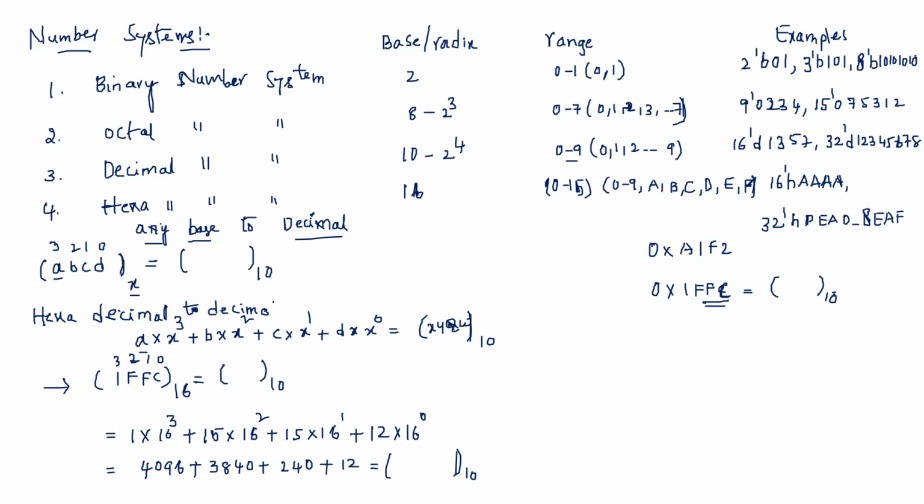Hexadecimal to decimal conversion we have. Similarly, we need to convert decimal to any base, which is the reverse operation, where we need to divide. Take a decimal number that should be converted to any base, either binary, octal or hexadecimal.